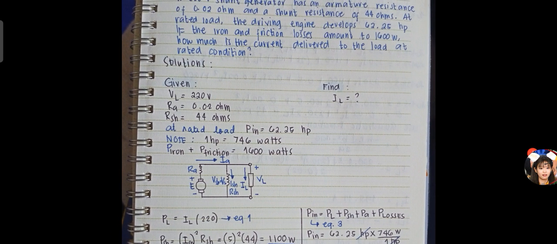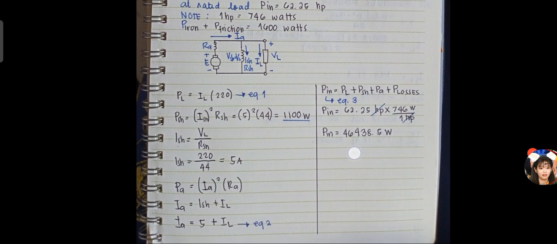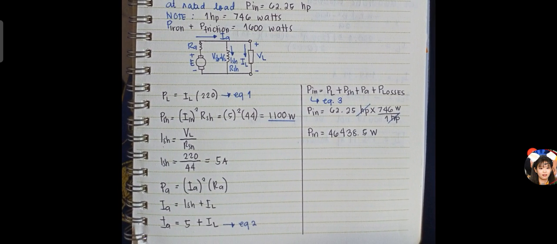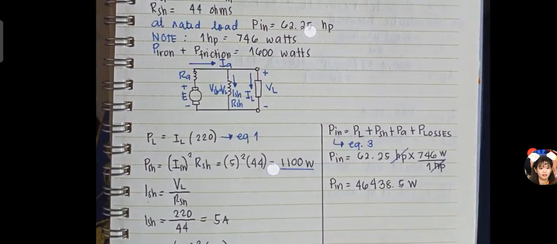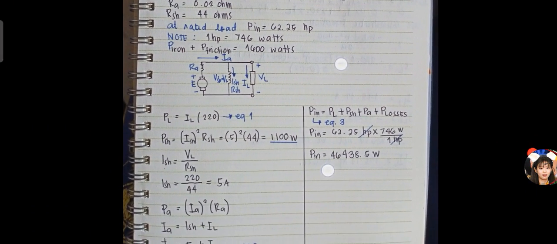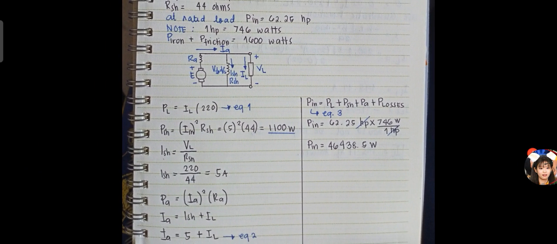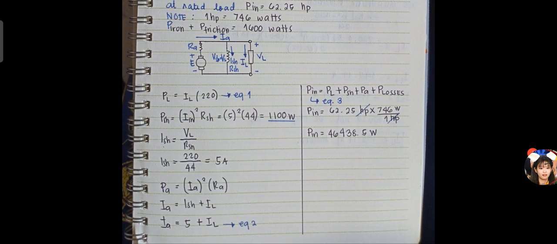And we have to find the current delivered to the load, which is denoted as IL. This is a shunt generator illustration circuit.